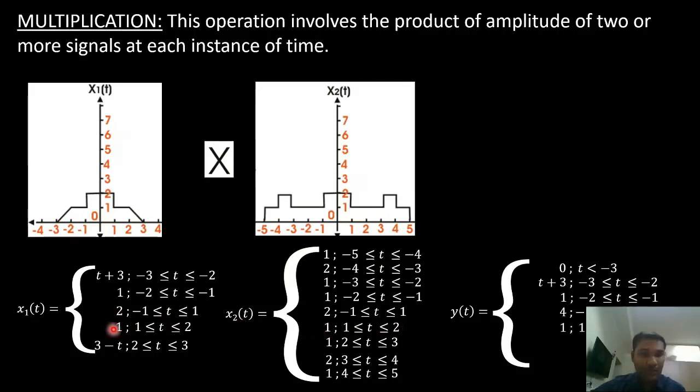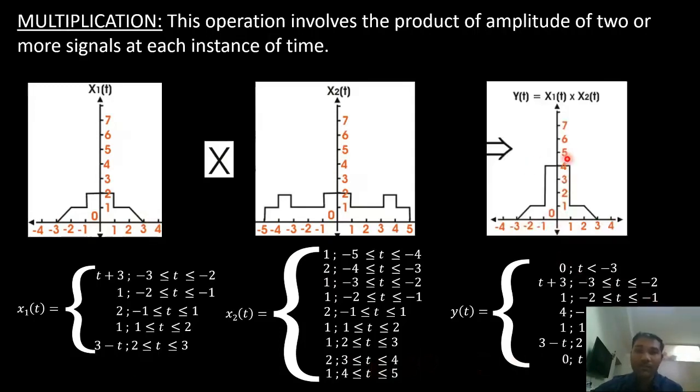So again it is 1. From 2 to 3, we have 1 and we have 3 minus t. So multiplying, we get 3 minus t. And for values greater than 3, all values are 0. So this is how the final multiplied signal will look.